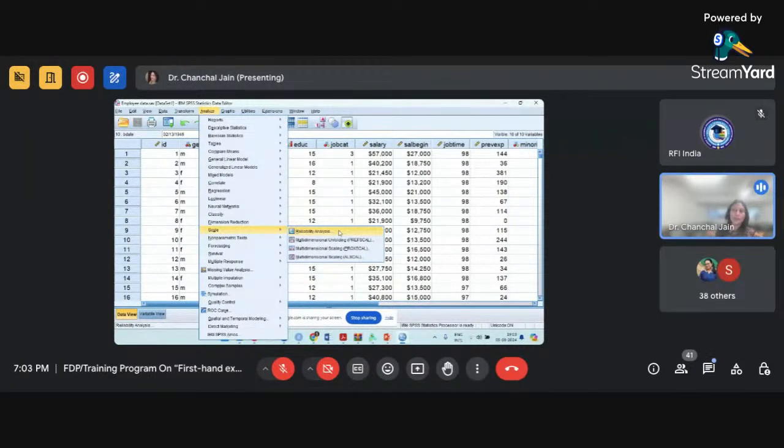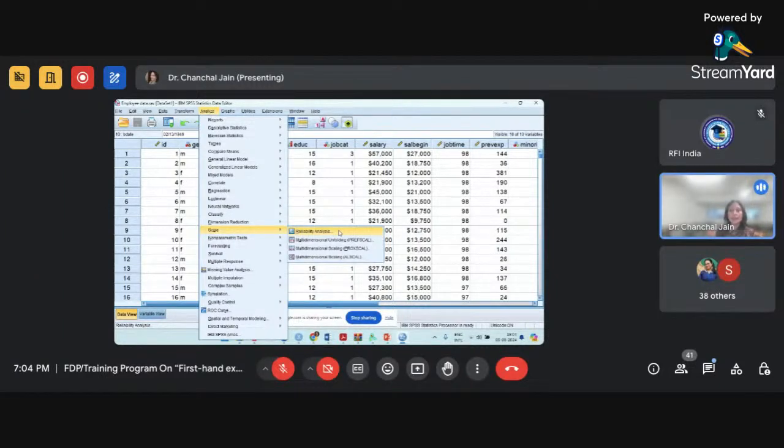Secondly, we have seen the chi-square test of association or independence of attributes. There I told you there will be two categorical variables, which we generally write in a contingency table. I explained the hypothesis also, how to formulate the hypothesis. Then we have seen how to perform both the tests using SPSS.